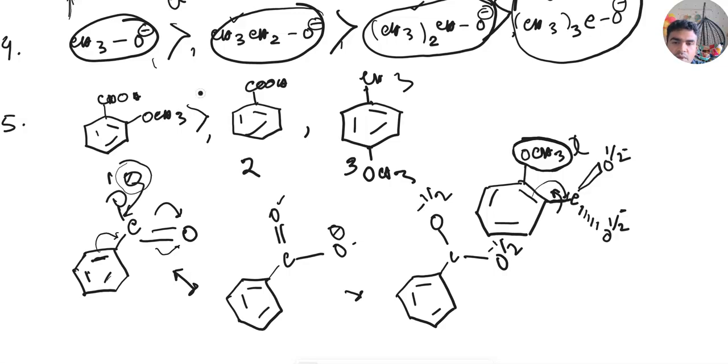If we consider benzoic acid and the para isomer, in para the methoxy group will show the plus R effect, and this will reduce the conjugation of the carboxylate anion, and that's why the acidity will be less.